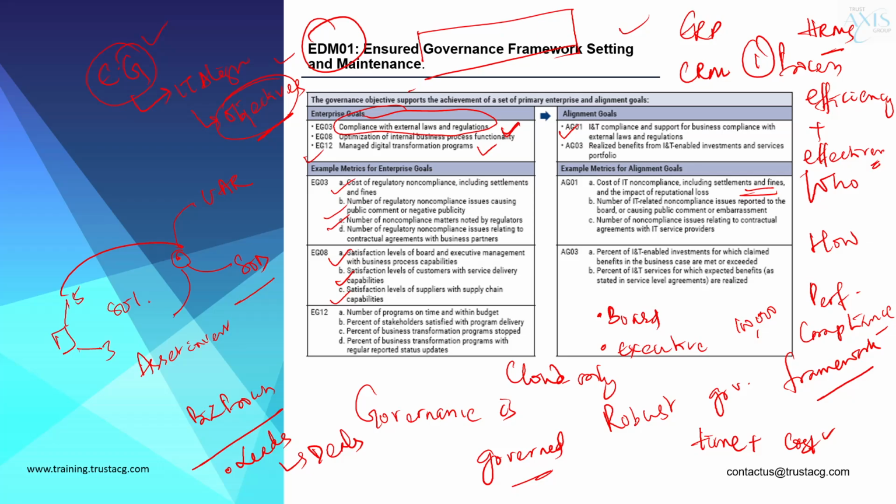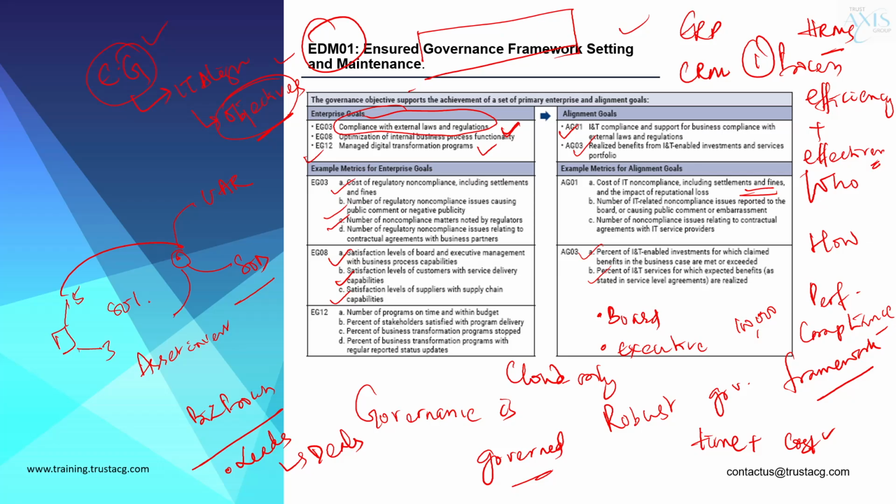Is what this metric should be designed to evaluate whether you are able to meet that particular alignment goal around business realization, or benefit realization. One of the other things that could be done is around the percentage of IT services where your expected benefits like performance improvements or cost savings are also realized as per your service level agreements which are defined.